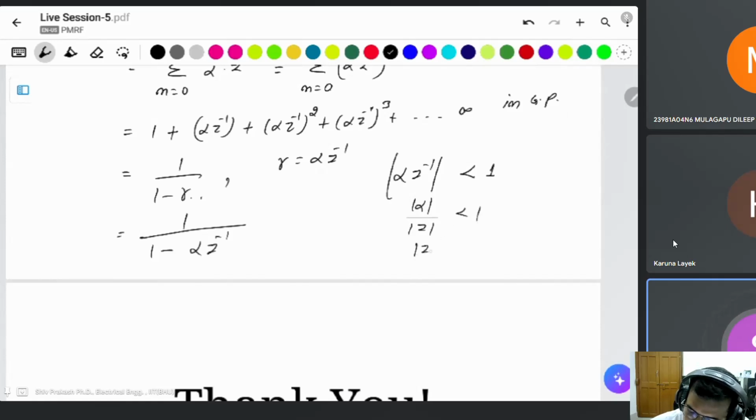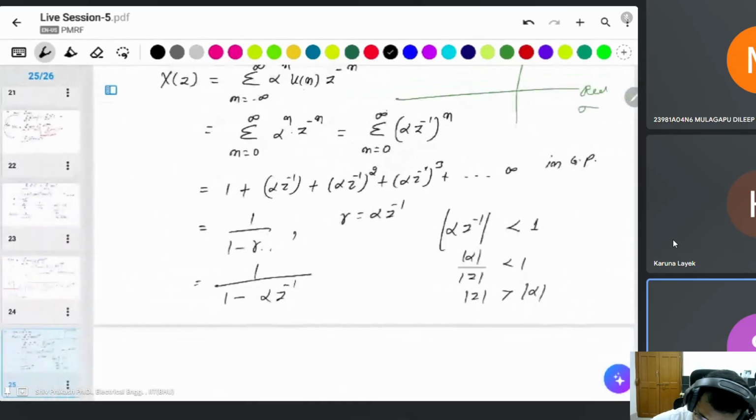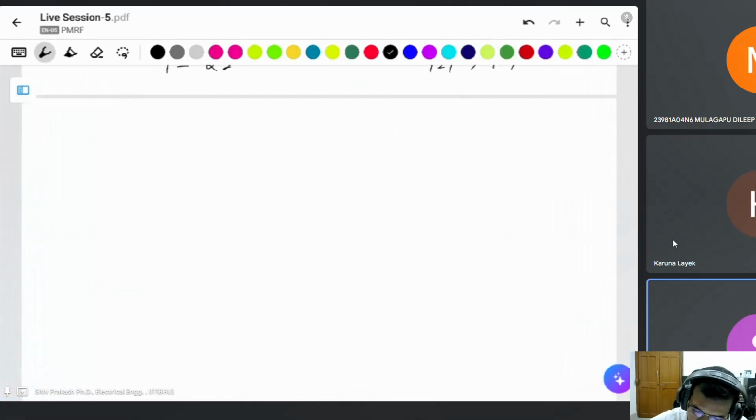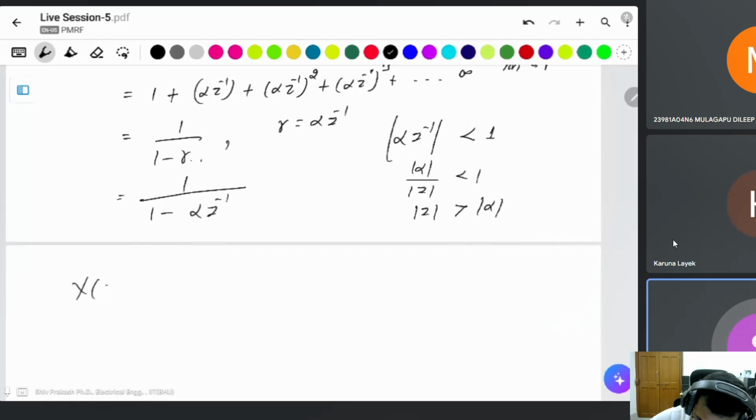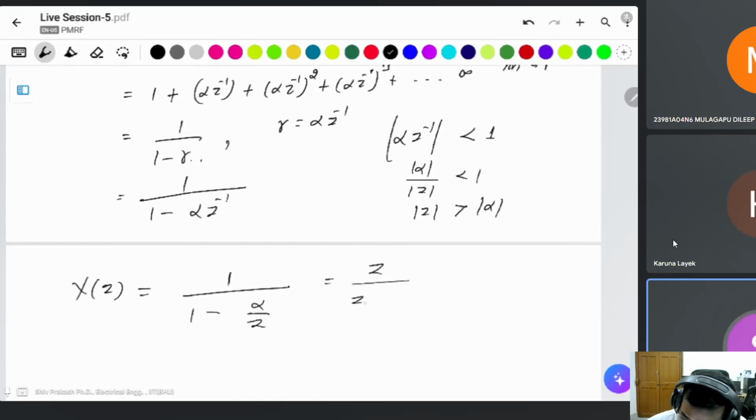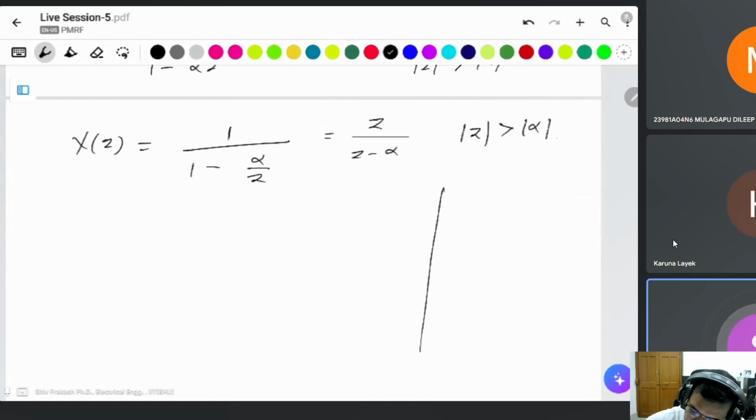It means mod of z should be greater than mod of alpha. X(z) of this system is 1 divided by 1 minus alpha by z, you can say this one like that. This will be z divided by z minus alpha. And the condition for this, the ROC of this one, will be mod of z greater than mod of alpha.